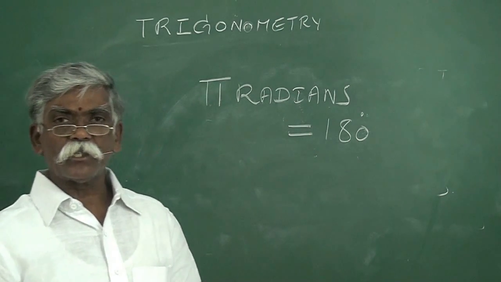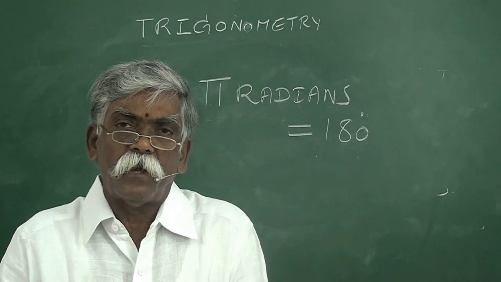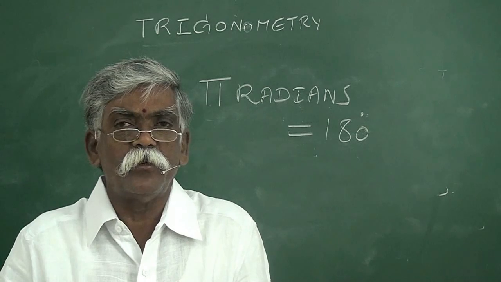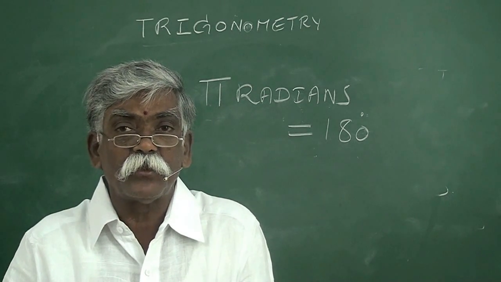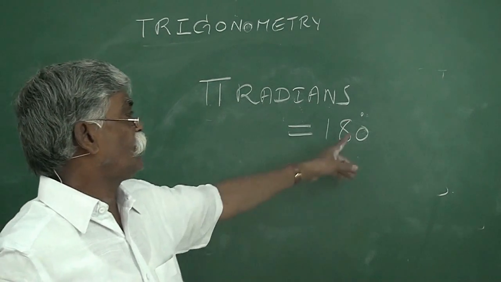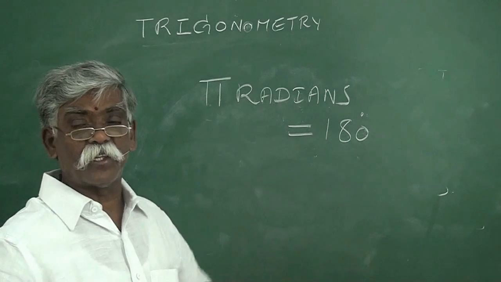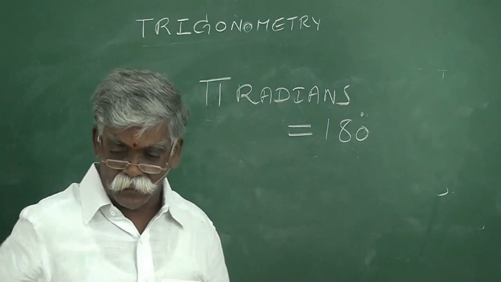So usually when we ask for pi, some students say that it is 22 by 7 and it is 180 degrees. Actually pi radians is equal to 22 by 7 is a radian measurement, whereas 180 is the sexagesimal system. Therefore pi radians is equal to 180 degrees.